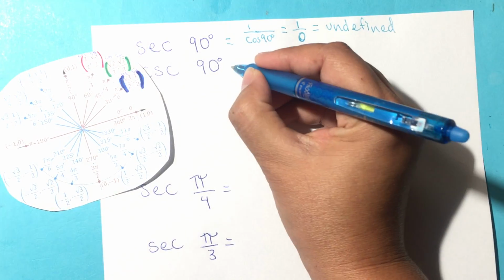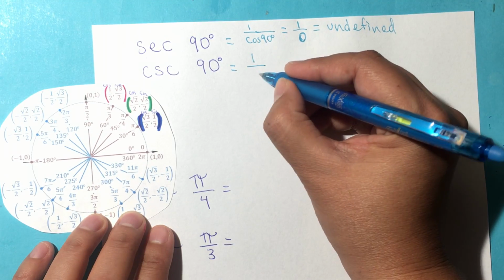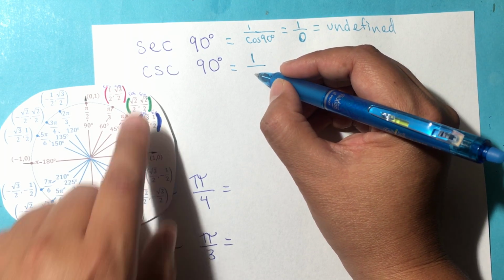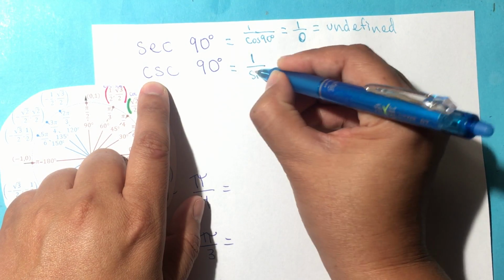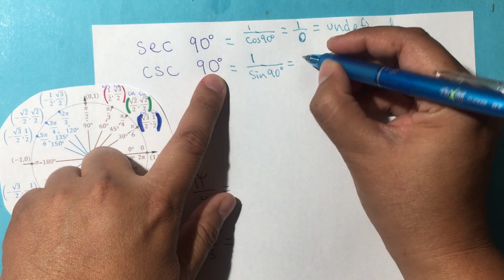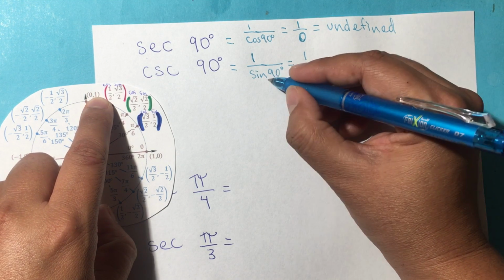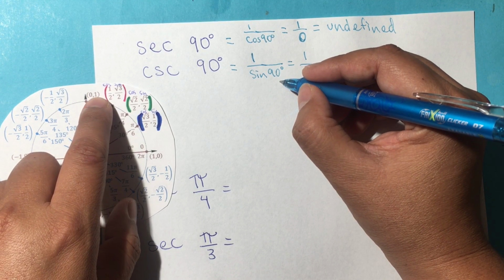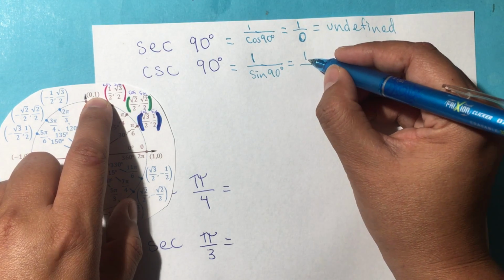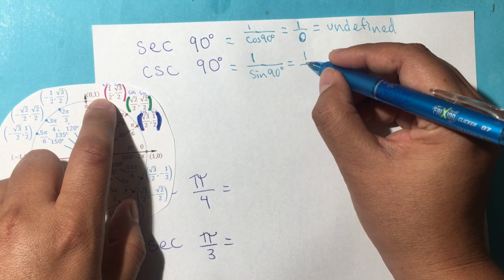Now for the cosecant, remember that it is not the reciprocal of cosine, but the reciprocal of the sine of that same angle. It's going to be equal to 1 over, again, because that sine value is on the y-axis and not a fraction, I don't need to put 1 over 1. It's just 1.